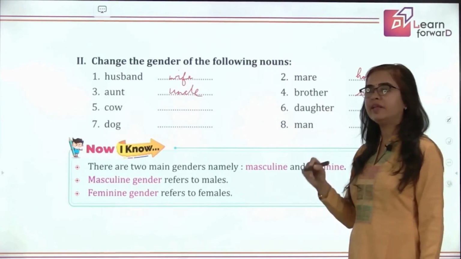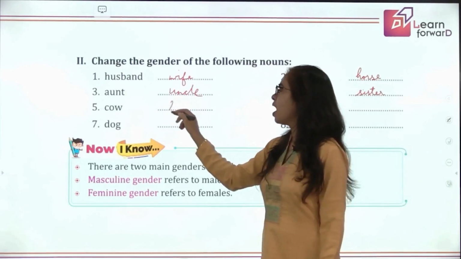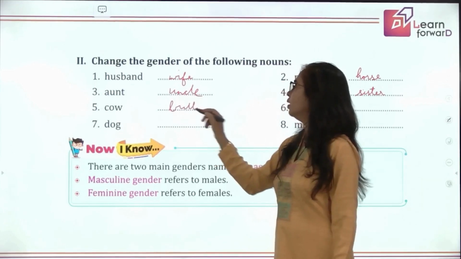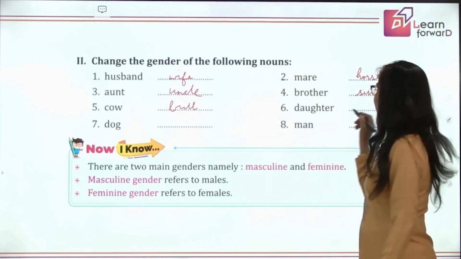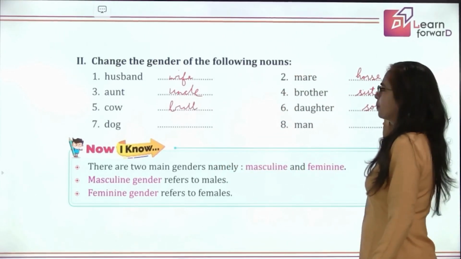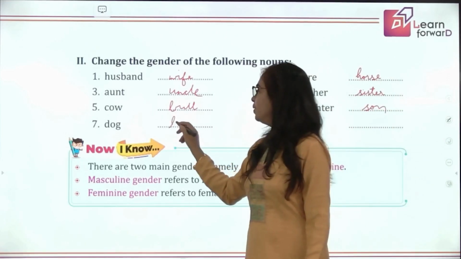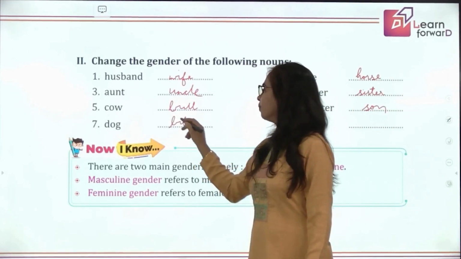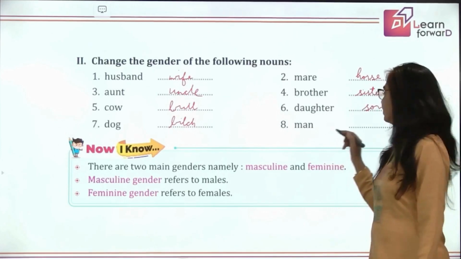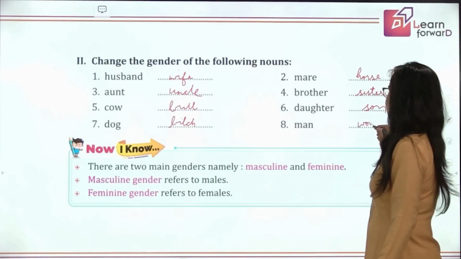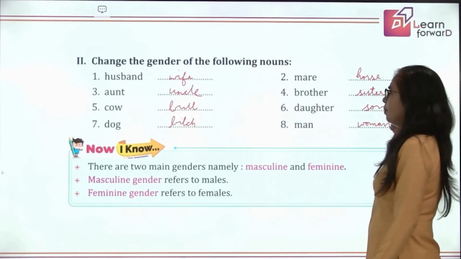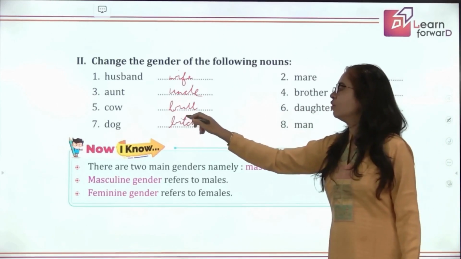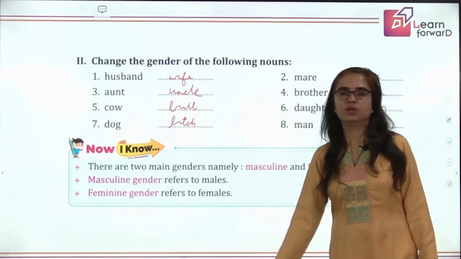You have already learned most of them. Cow, bull. Daughter is son. Dog, bitch. And man, woman. So these are the feminine counterparts of different masculine names.